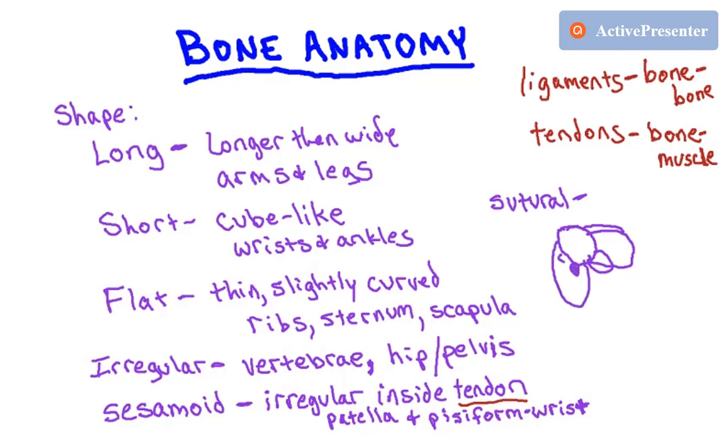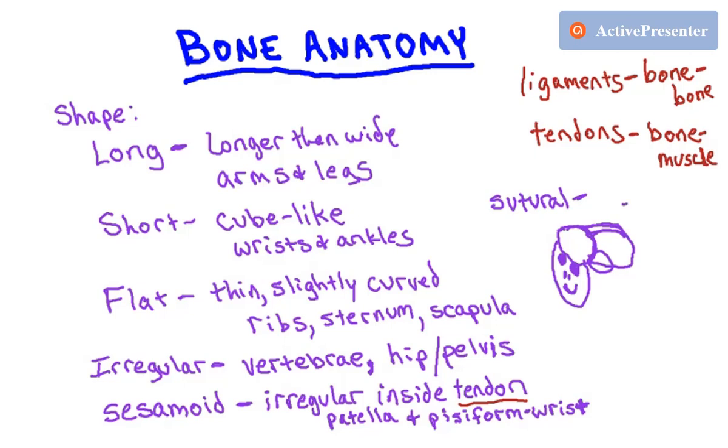This is a terrible drawing of a skull with a smiley face. So you'll see on the skull these seams, and it divides the skull bones from each other, and those are called sutures.